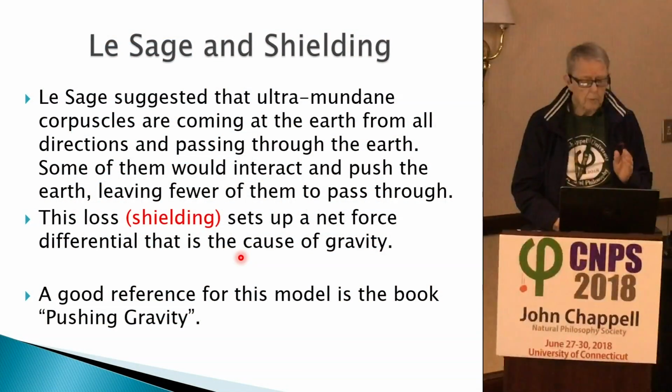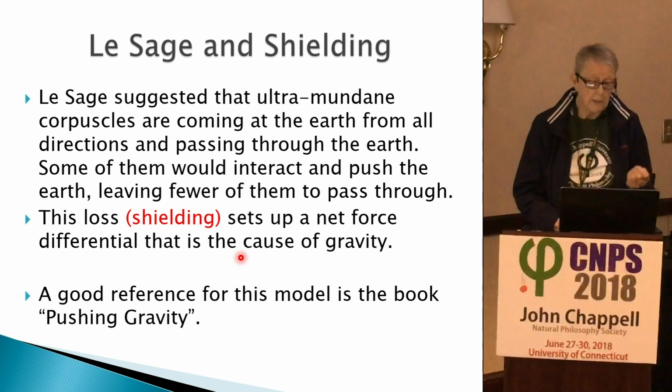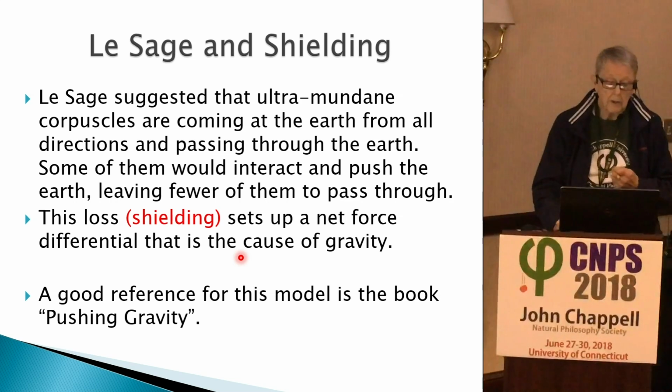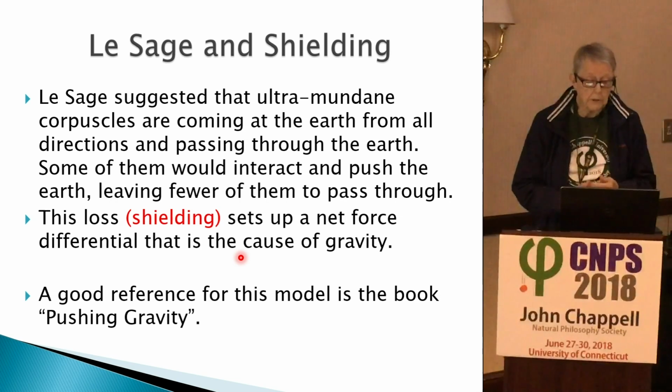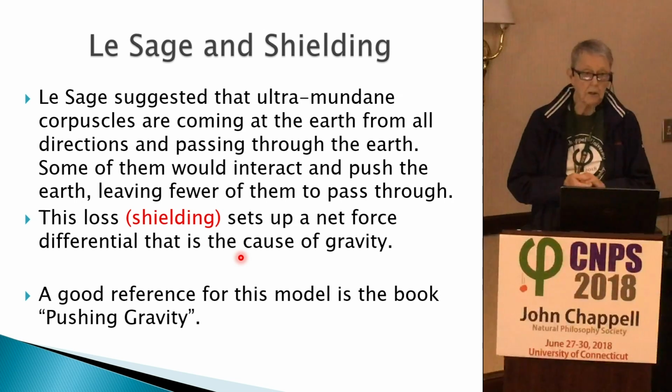Okay, but Le Sage suggested, this is the way he phrased it, that ultramundane corpuscles, which are particles, are coming at the Earth from all directions and passing through the Earth. Some of them would interact and push the Earth, leaving fewer of them to pass through, and this loss is called shielding. It sets up a net differential force that is the cause of gravity.